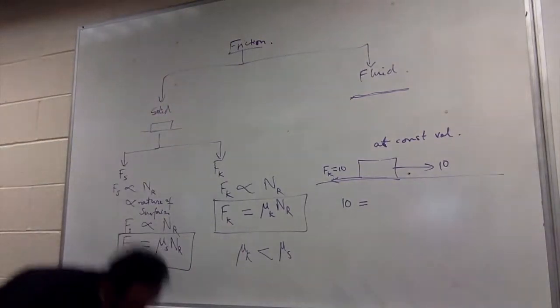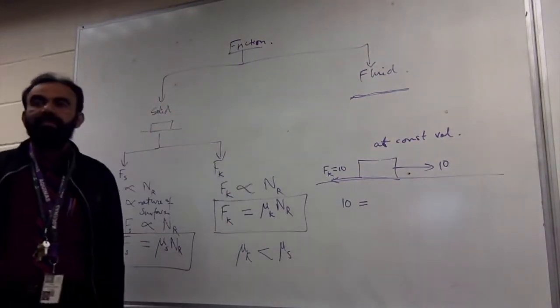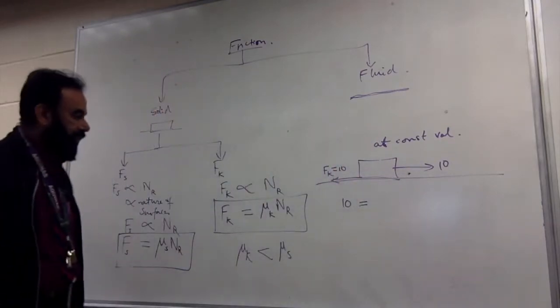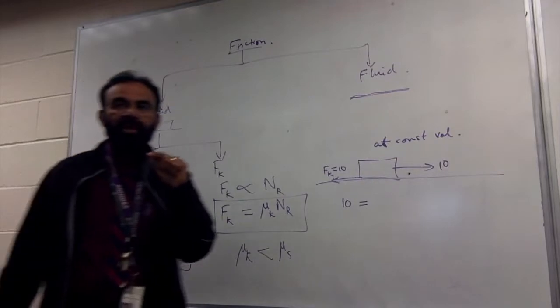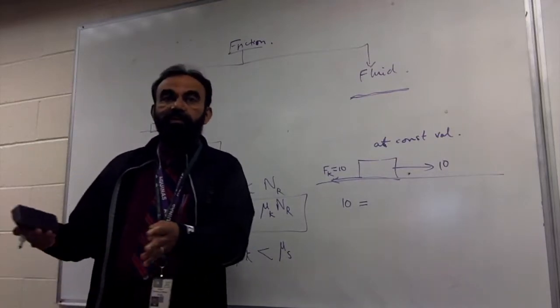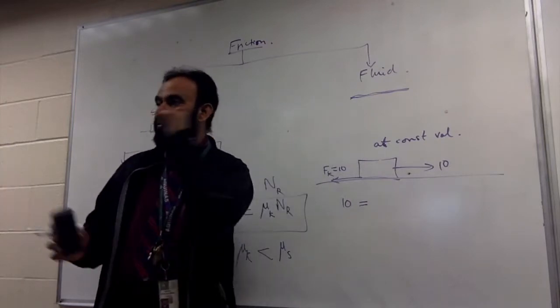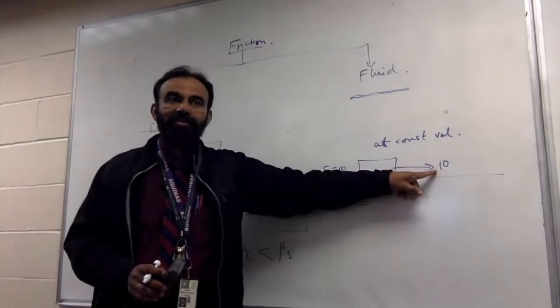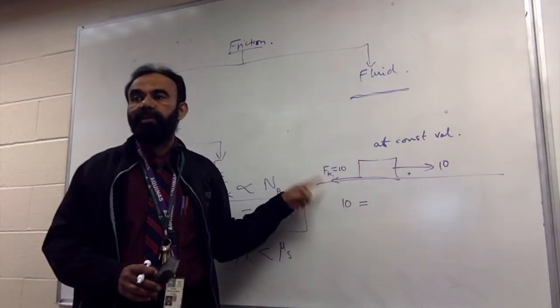So when it is moving at a constant velocity, it is definitely equal. Okay? So those are some clues that you have to pick up from problems. Because they'll tell you an object is sliding at a constant velocity. Boom, over. You got the clue. It's moving at a constant velocity. That means whatever is there making it go at a constant velocity is the kinetic friction value.